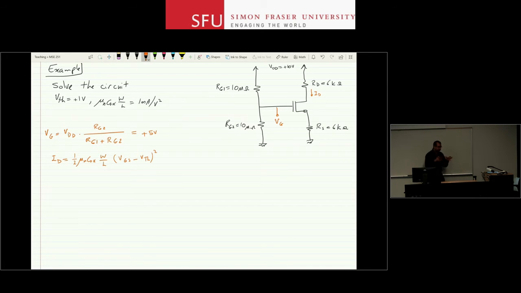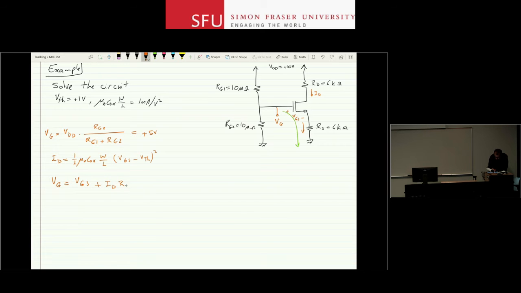So I need to find equations from the circuit, basically independent equations that will help me solve the problem. So what if I write a KVL from here to ground? If I do that, VG is equal to VGS, the gate source voltage, plus the voltage drop across this resistor, which is ID RS.